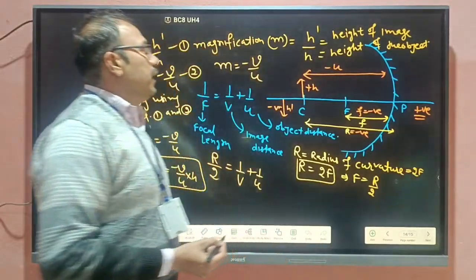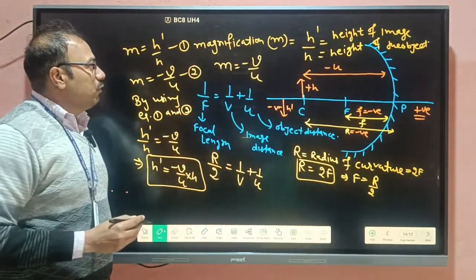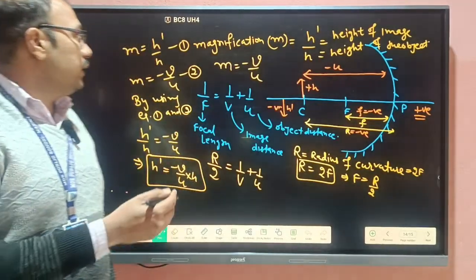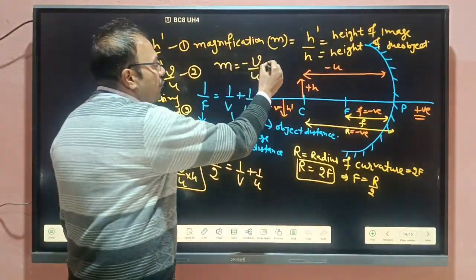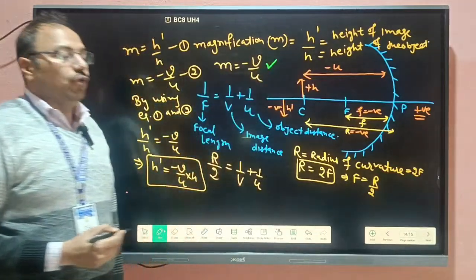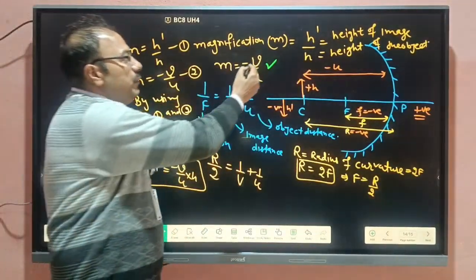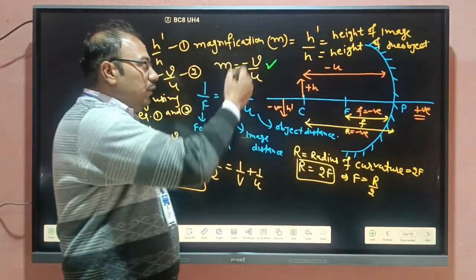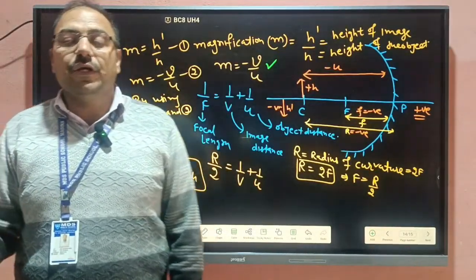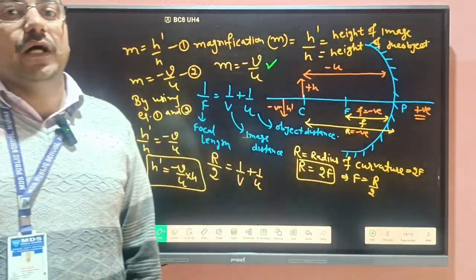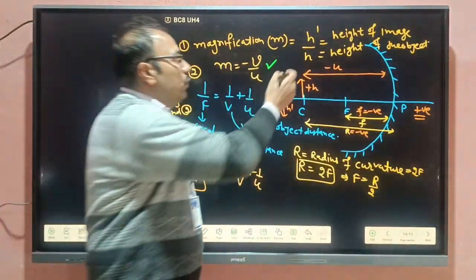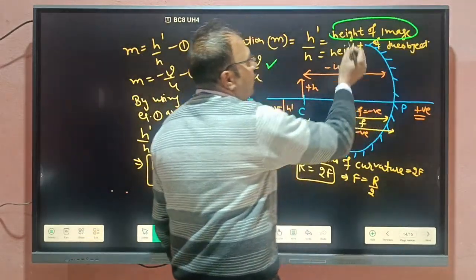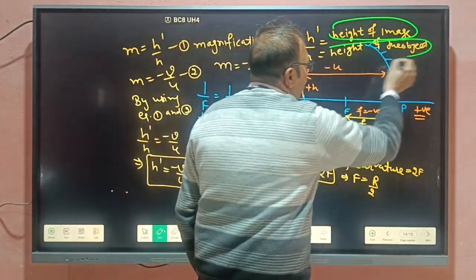In the next slide, we study the magnification of the mirror. What is the magnification of a mirror? It is minus V by U, where V is the image distance and U is the object distance. We can also write magnification in terms of image height and object height: H dash by H, where H dash is the height of the image and H is the height of the object.